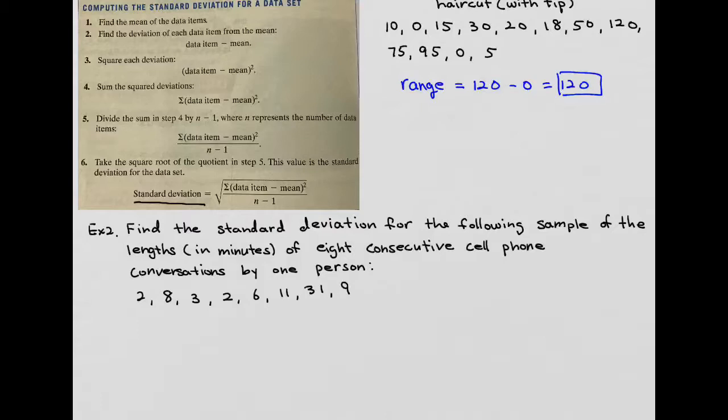So the first thing I need to do is find the mean. To find the mean, we add all this data and divide that by the number of data, which is 8.